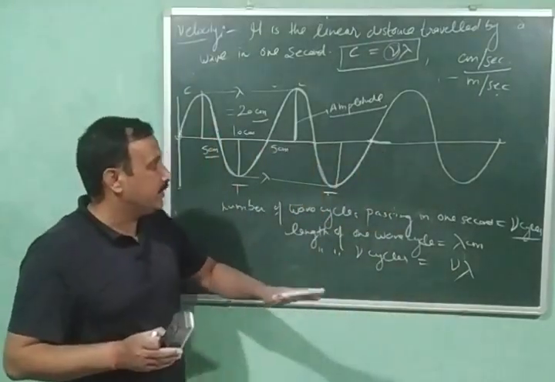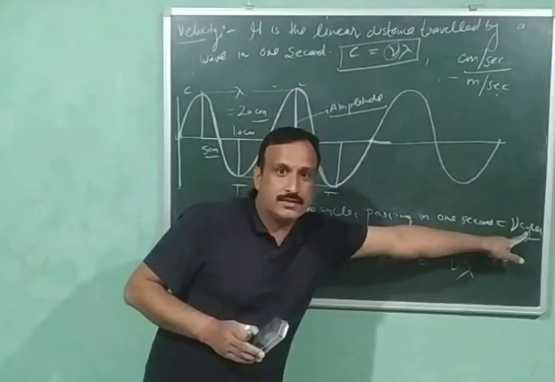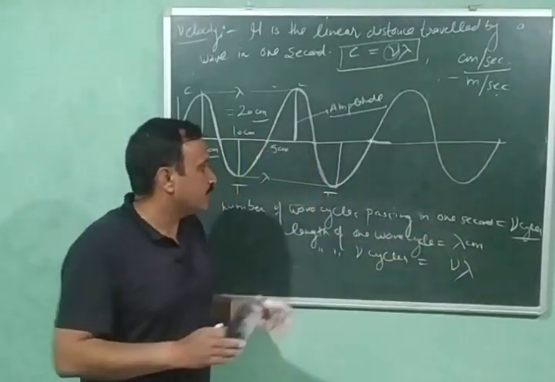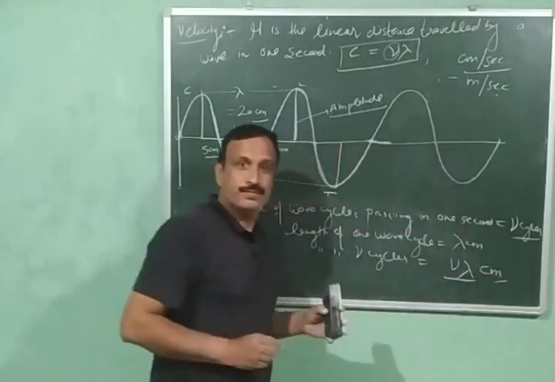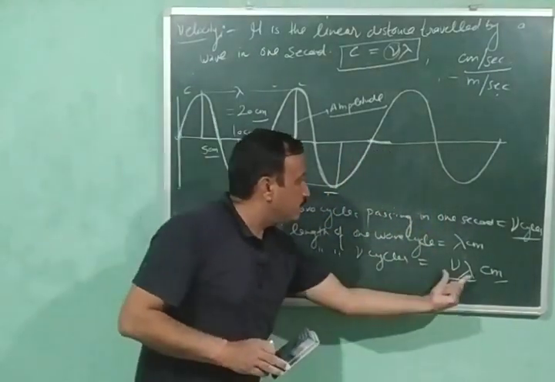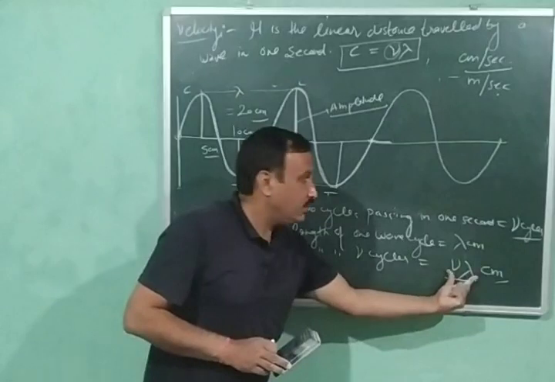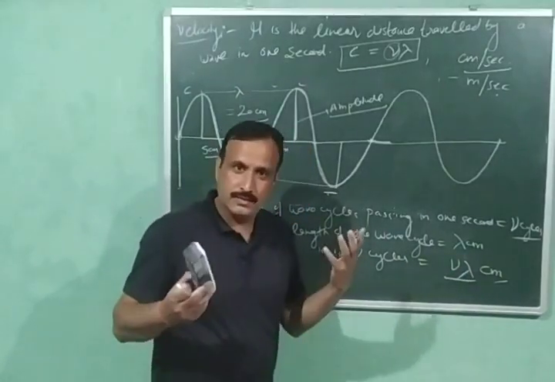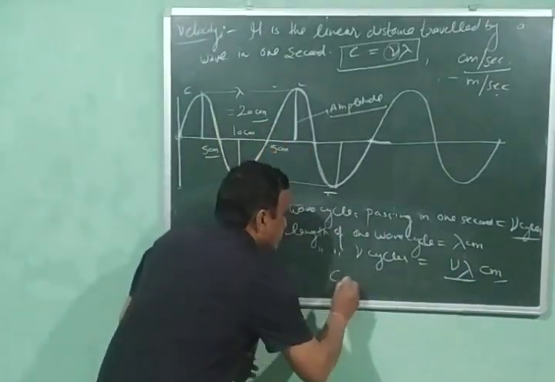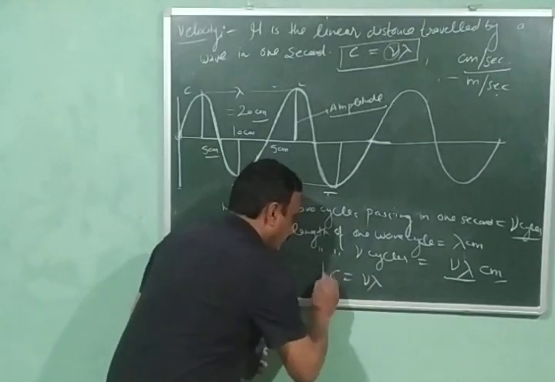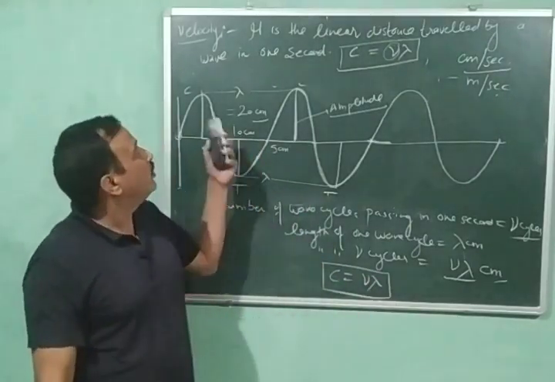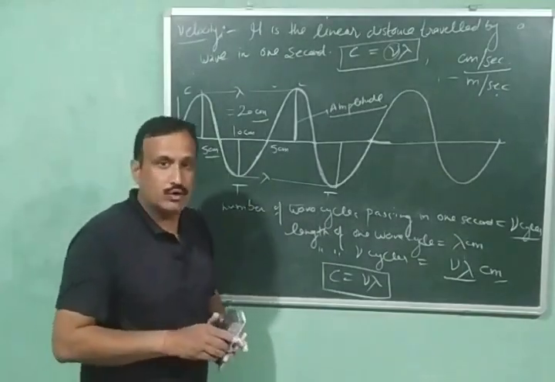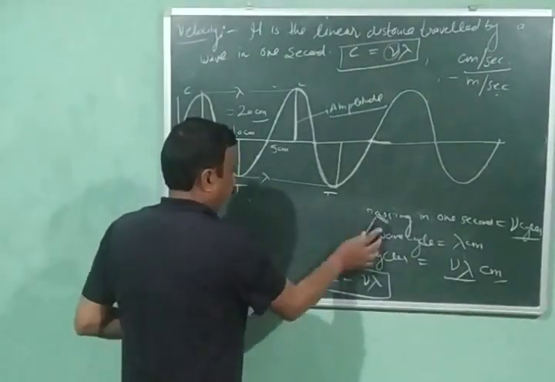So the length of nu cycles will be equal to nu into lambda centimeters, and this will be the distance traveled by the wave in 1 second, that is velocity. So that's why c is equal to nu into lambda. Understood? So this is the velocity of the electromagnetic radiations.